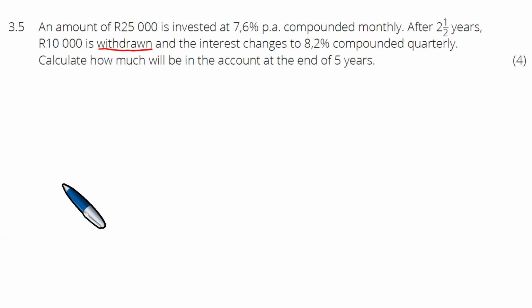After 2.5 years, 10,000 is withdrawn and the interest changes to 8.2% compounded quarterly. Calculate how much will be in the account at the end of 5 years.